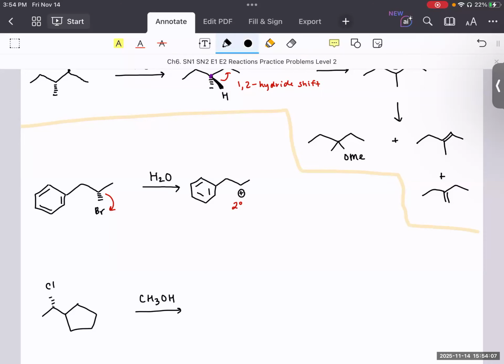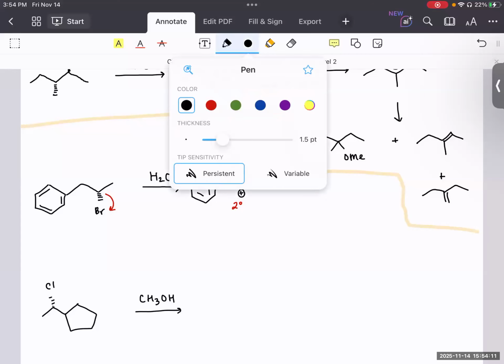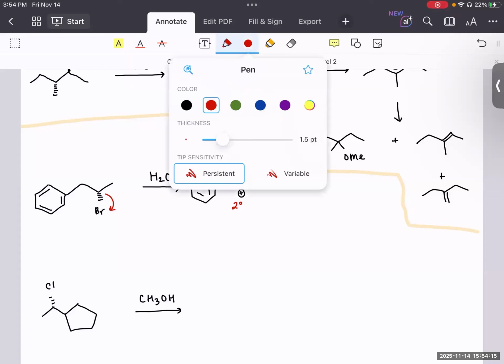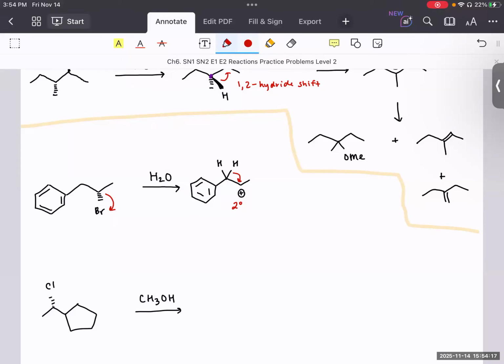However, what we notice is that if we take one of these hydrogens from the carbon to the left and shift it over, and so similar to that first one, we have a 1,2 hydride shift, we end up forming this carbocation, where it's still secondary, but what we notice now is that this carbocation is resonance stabilized.